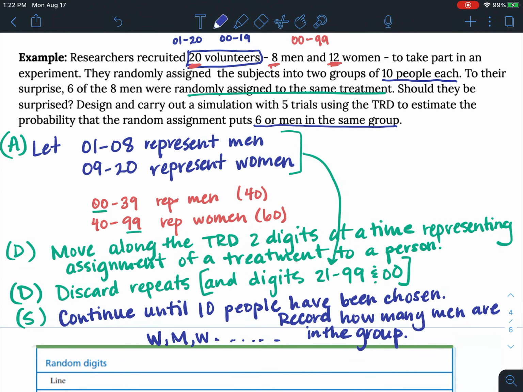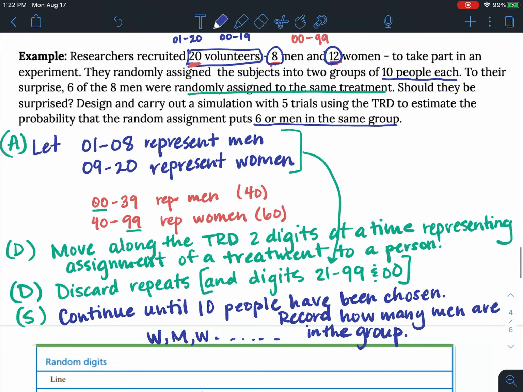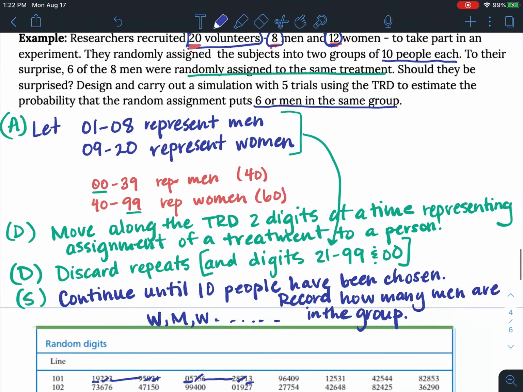Now this can get a little bit complicated because we've got to be careful. It's not unlimited men, right? We can't go over 8 men and we can't go over 12 women. Obviously we can't go over 12 women in a group. So it may be worth mentioning here that there can't be more than 8 men in a group.